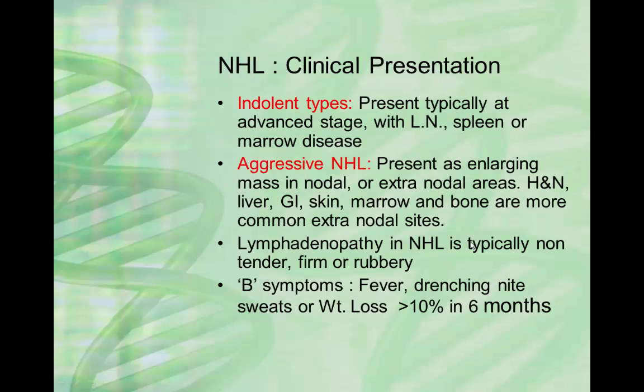The clinical presentation of lymphomas is basically indolent. The majority appear with a lymphadenopathy, visible or not. You have patients that come in with lymphadenopathies or splenomegaly. In the aggressive type, patients could present with an enlarging mass in the nodal area.